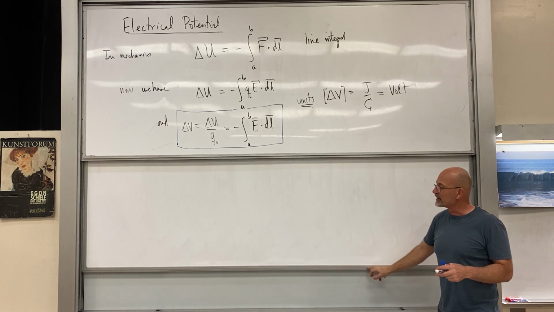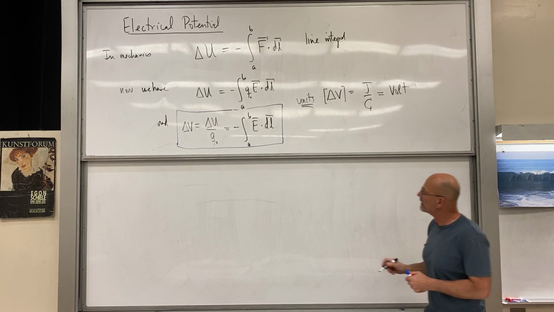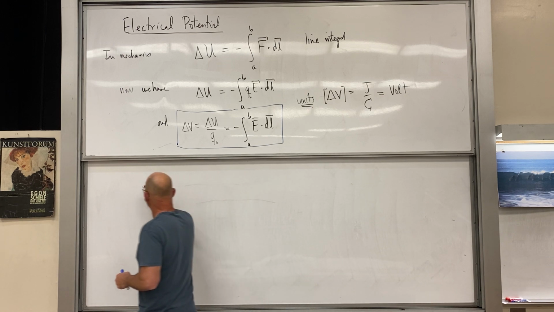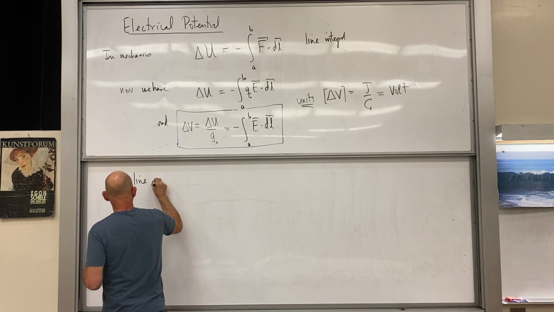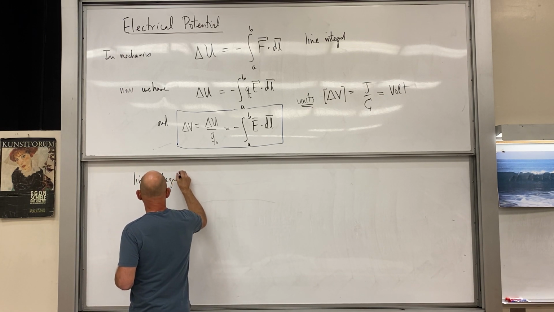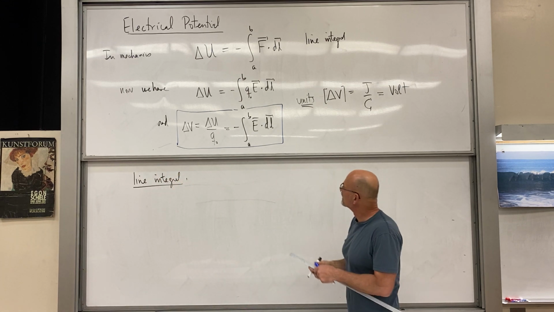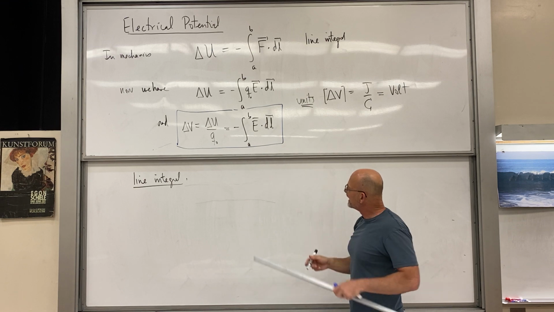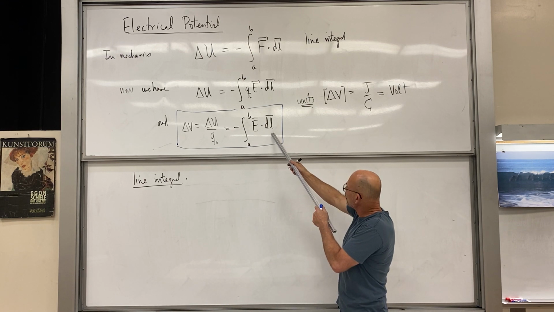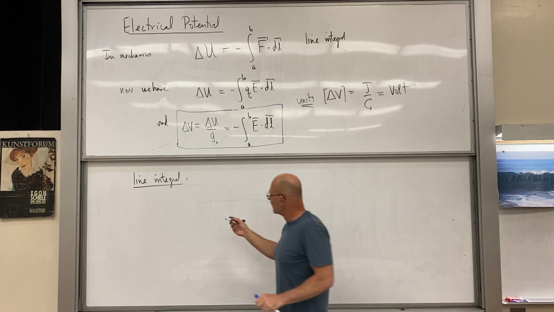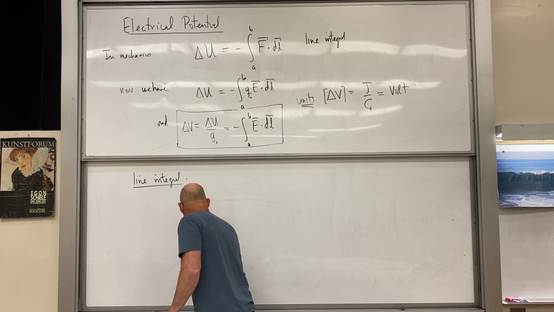Okay, now we have to say something about these line integrals. This is a dot product. So E dot dl, and the dl is along some curve in space. Suppose you have a point in space.